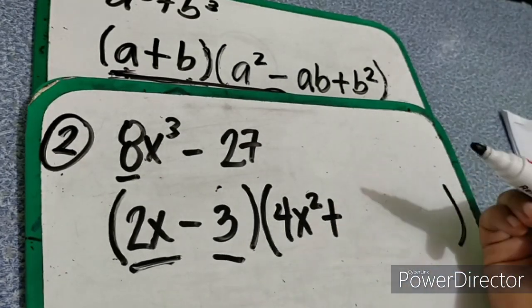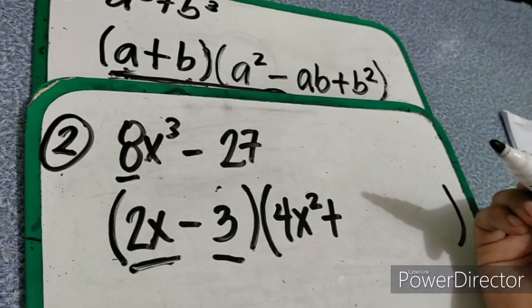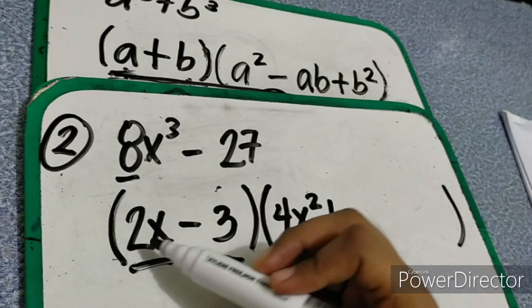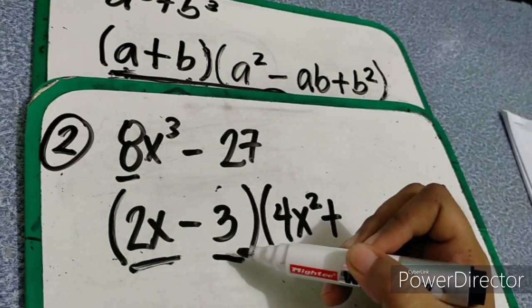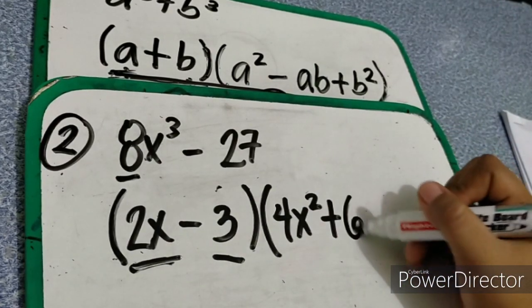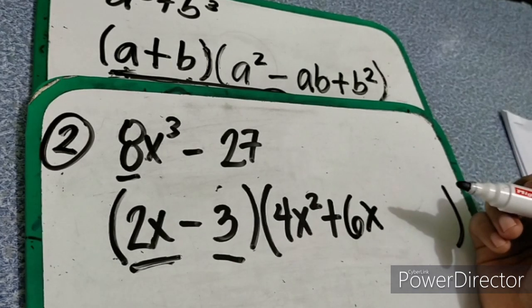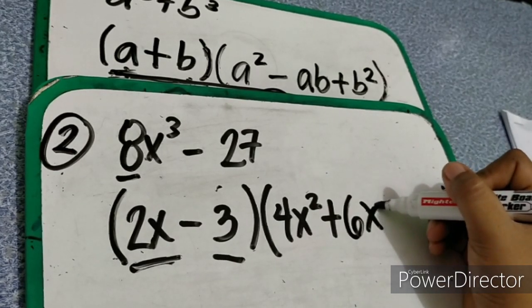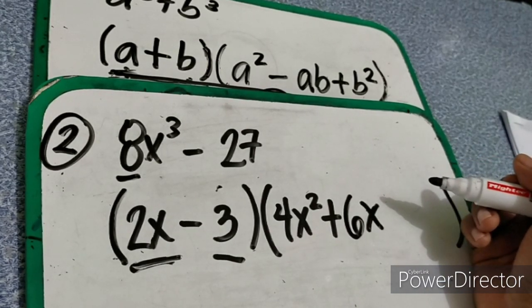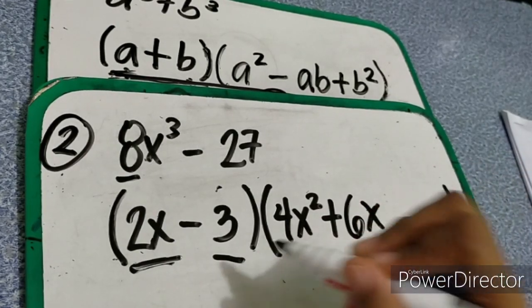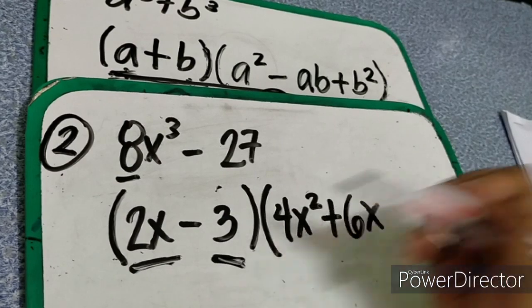The middle term, you multiply the first and the second term of the binomial factor. So, 2 times 3 is 6 times x is 6x. And of course, the last step or the third term is the square of the second term or last term of this binomial factor. What is the square of 3?